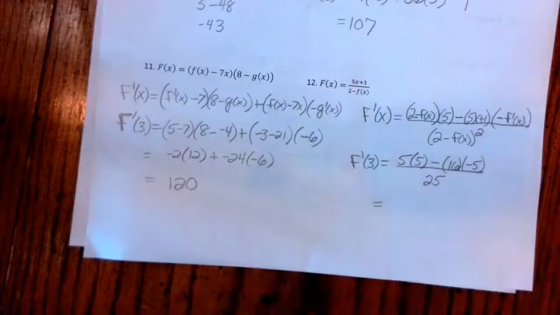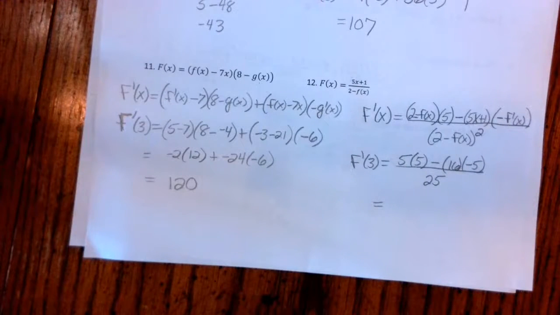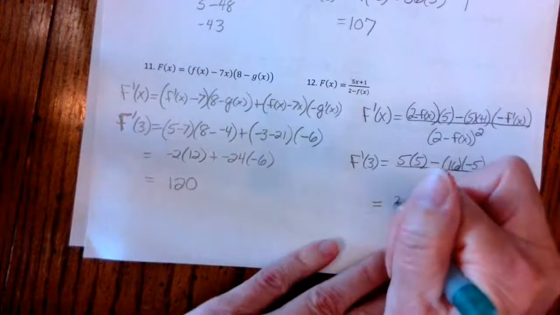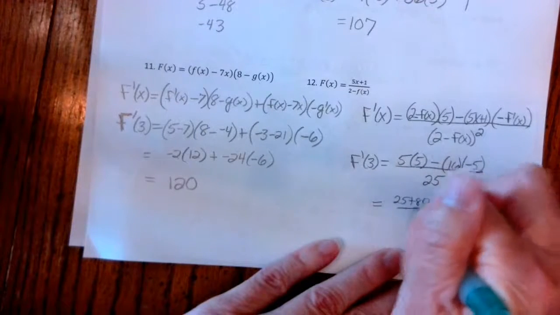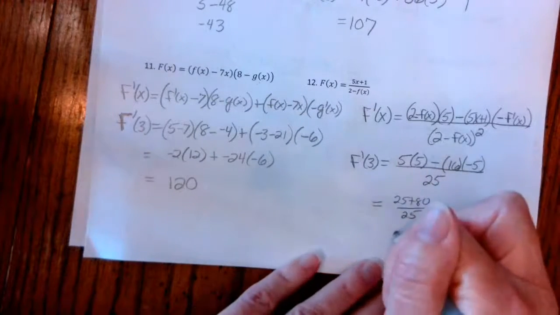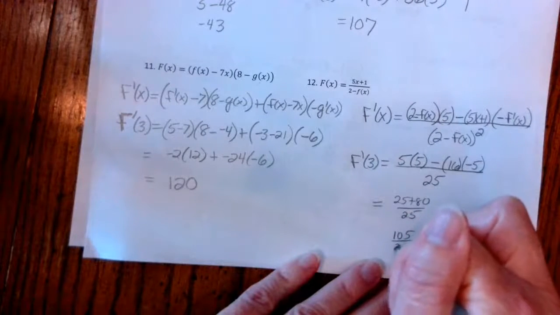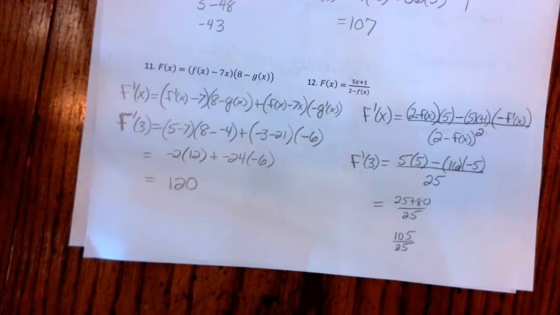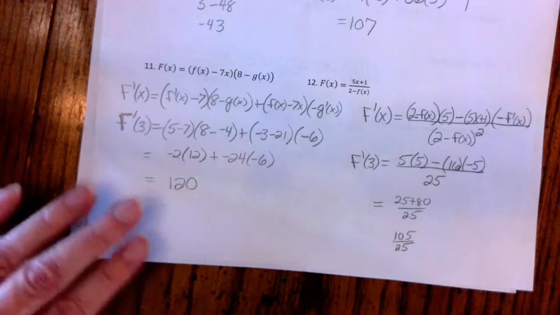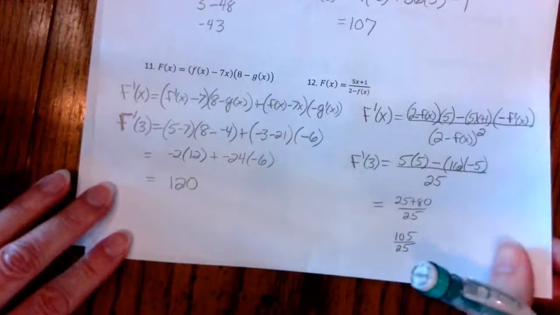So then I end up with 25 plus 80 being divided by 25, 105 over 25. Don't need to simplify unless you're looking for a multiple choice answer to line up.